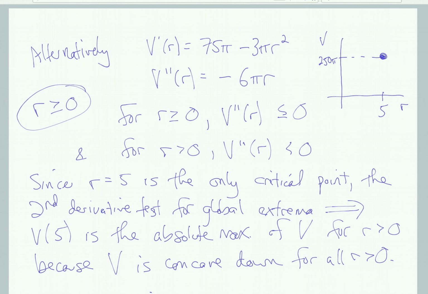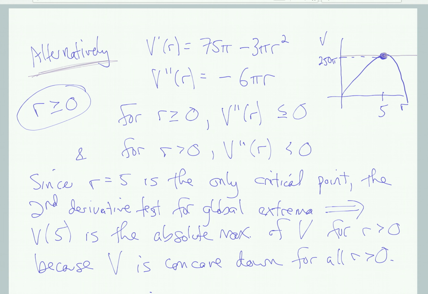We know that V of 0 was 0. We know that the function is concave down. And since this was the only critical point for r greater than 0, this has to be the absolute maximum for r greater than 0. This is an alternative approach to what we did on the previous page.